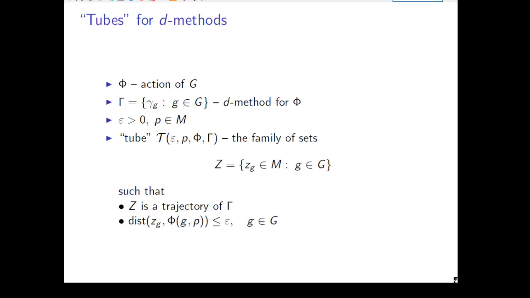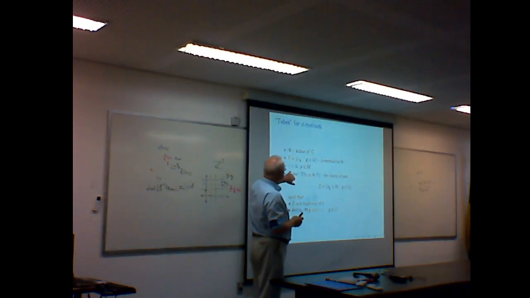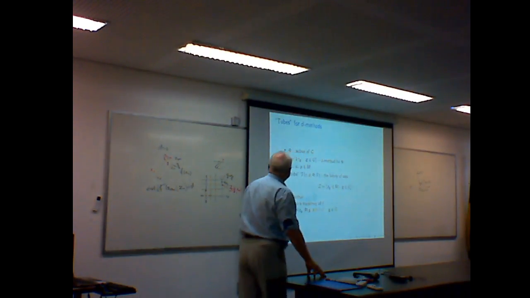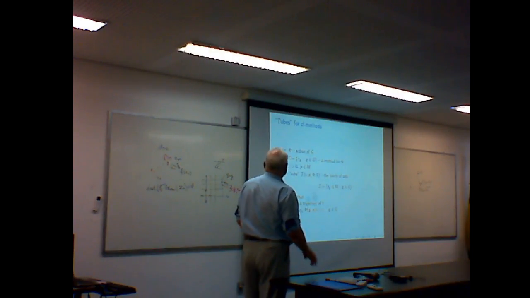So let me take an action of a group G. Fine. Let me take a d-method. Let me take a point of my metric space and a positive number epsilon.